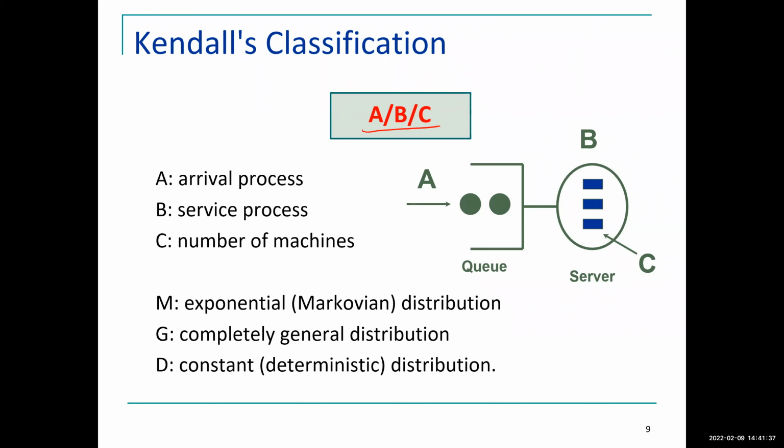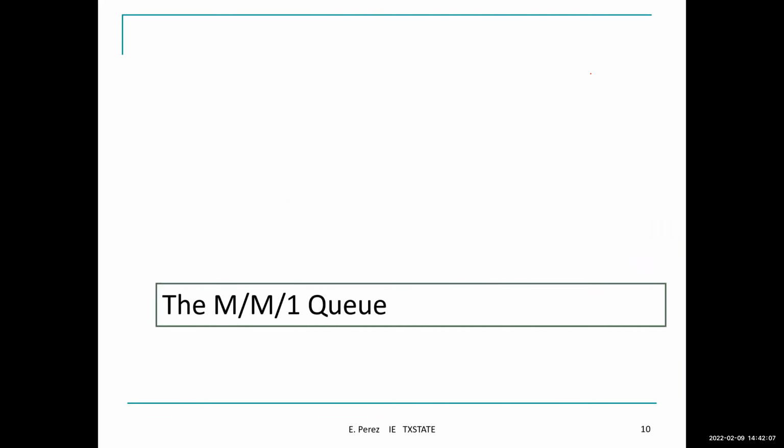So for example, if I write something like this, it is saying that my arrival process follows an exponential distribution, the service process also follows an exponential distribution, and that my server has only one machine. Okay, so MM1. And that's the system that we're going to study next.